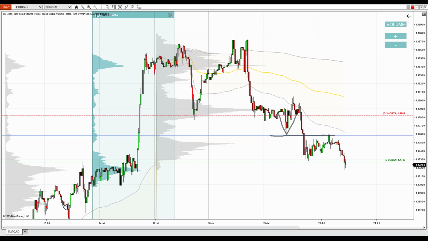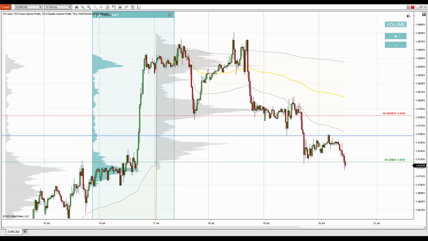By the way, that's why I also had this support here, because the price reacted here, right? In this case, this was a resistance which turned into a support. In this case, this was a support which turned into a resistance. Okay, I hope that makes sense. I hope that it's clear why it was best to quit the trade exactly at this place.